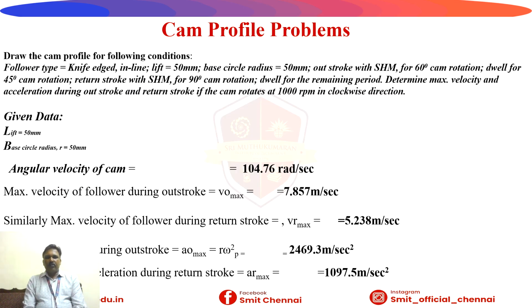So we can see one basic problem, a knife edge type we have taken. What are the conditions they have given? The follower type they have given is knife edge. And lift is how much the follower has to be lifted. That is 50 mm. It is clearly given in the problem. Then the base circle radius. The cam's middle part is called the base circle radius. The outstroke is moving, and the return is the returning stroke.